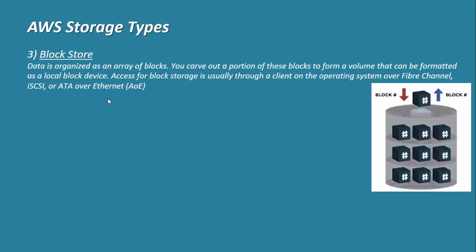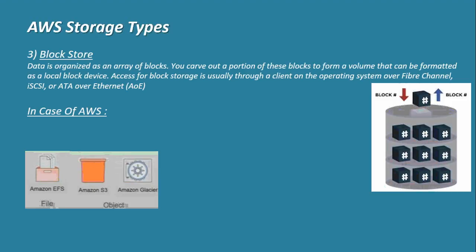Now let's see what kind of services AWS provides in these types of storage, and then we'll see all these things in a bit more detail. For file storage, AWS has Amazon EFS, which we call Elastic File System. For object storage, Amazon provides us S3 or Glacier.